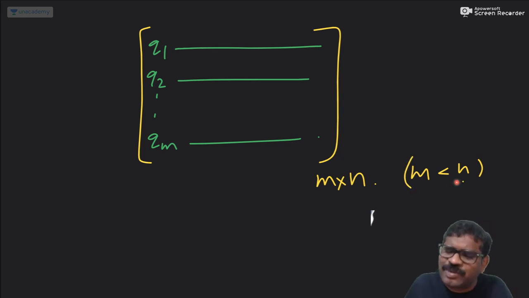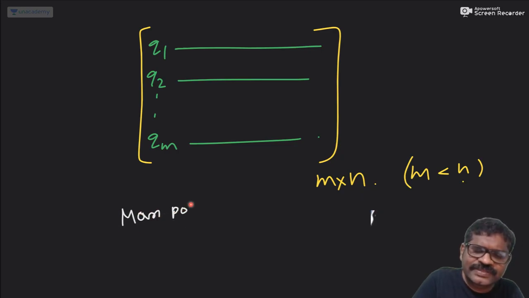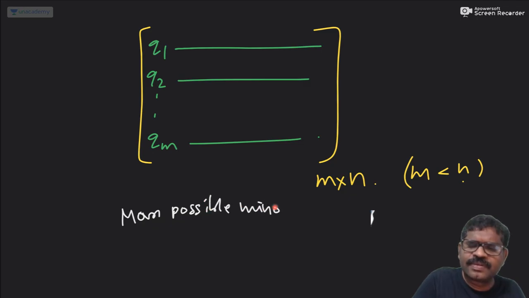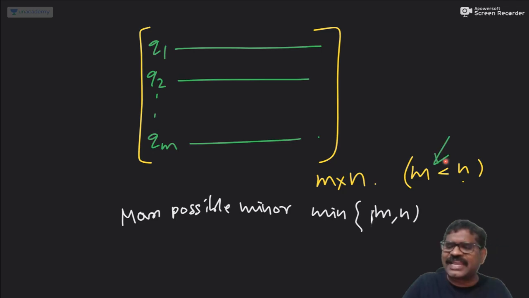What is the maximum possible minor here? Maximum possible minor is the minimum of m comma n. They have mentioned clearly that m is less than n. If m is less than n, compulsorily the maximum possible minor is m cross m.